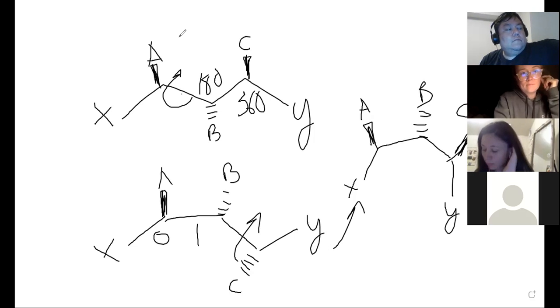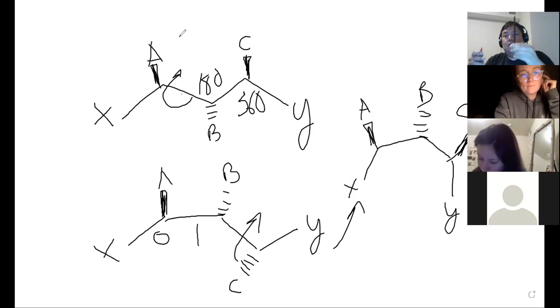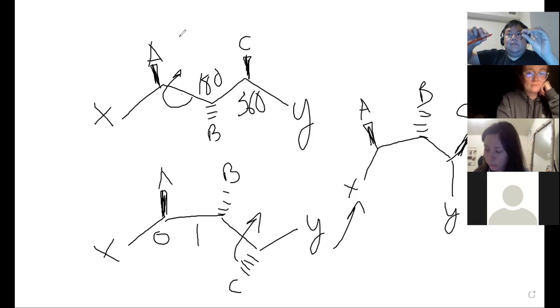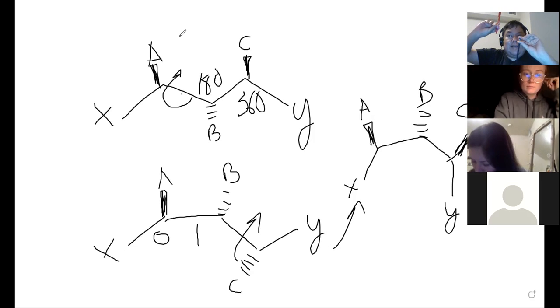Fisher projections kind of seem unnecessary to me. I already said that, but imagine these are my 2 substituents, right? And so now I rotate. So they both go like this. So I rotated once. So now they're pointing in the opposite direction. But now if I rotate this one again, it's going to be back in its original position.